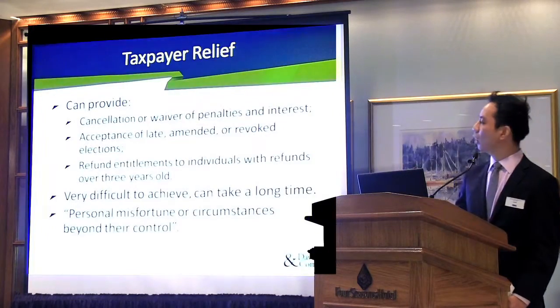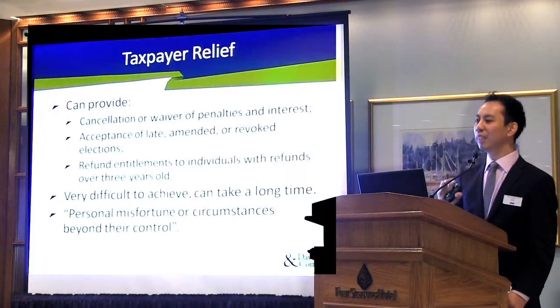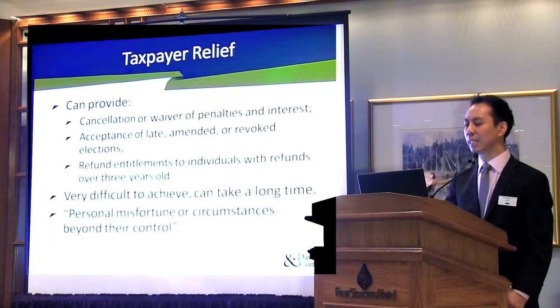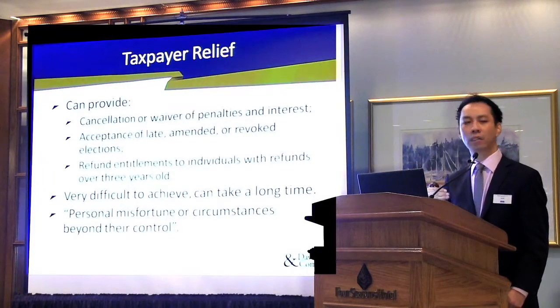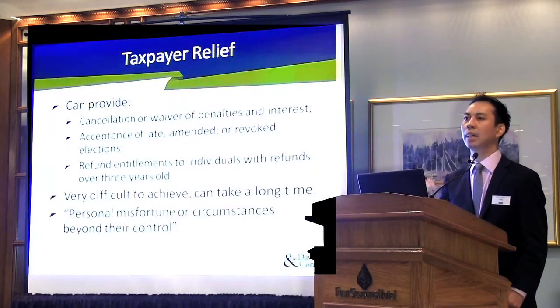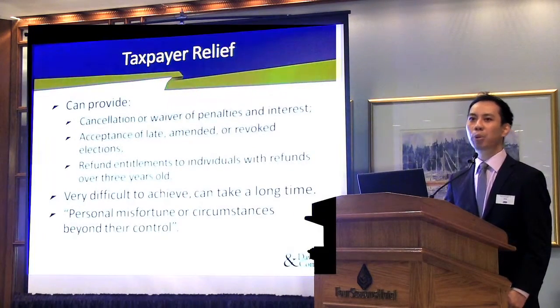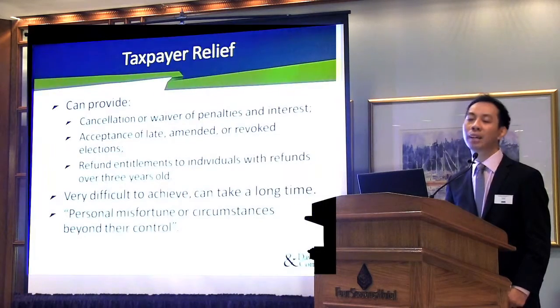So on the next topic, taxpayer relief. The Voluntary Disclosure Program is always kind of the first thing I think all of us up here think about. Anytime there's something that hasn't been reported or a filing has been missed, I always think, can I do this under the Voluntary Disclosure Program? And the Taxpayer Relief Program is almost like your last hope.